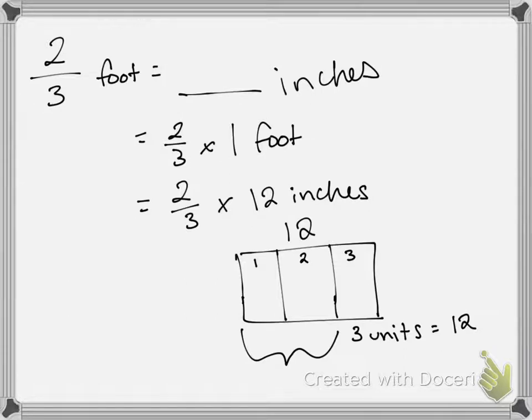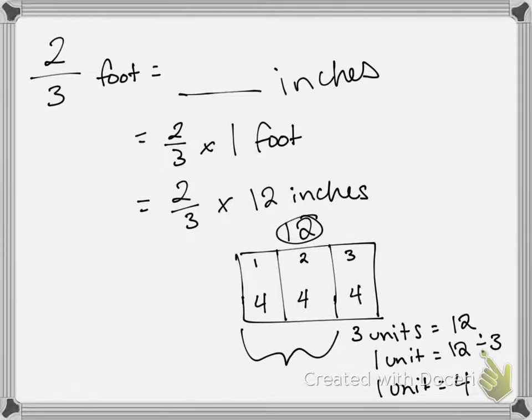So then 1 unit equals 12 divided by 3, which is how many units we have. So 1 unit equals 4, because 12 divided by 3 is 4. We can check that. 4 times 3 is 12. So 4, 4, 4. But what is just 2? It is 8. So 2/3 of a foot equals 8 inches.